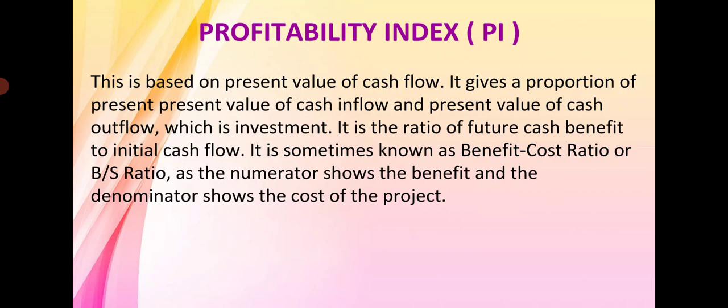Now in this method, it gives a proportion of the present value of cash inflow and the present value of cash outflow. So on the basis of cost and on the basis of revenue, the whole investment is going to be considered.